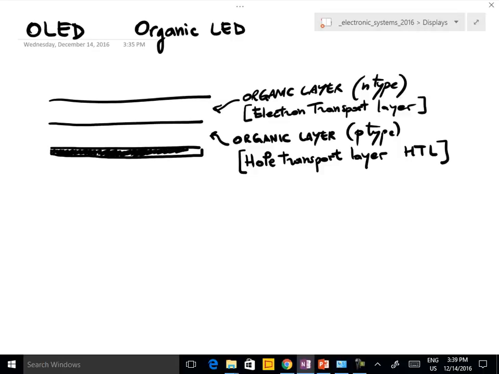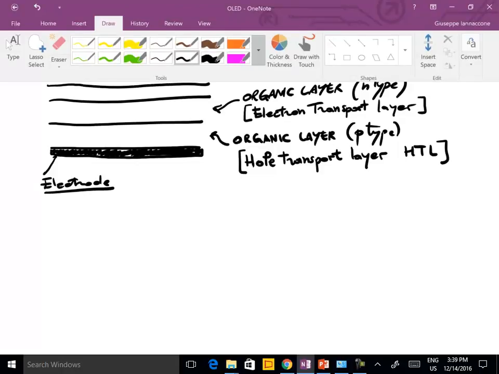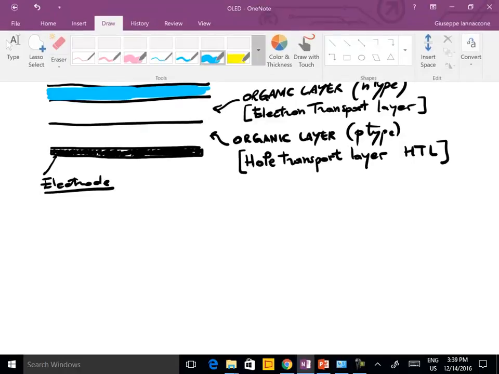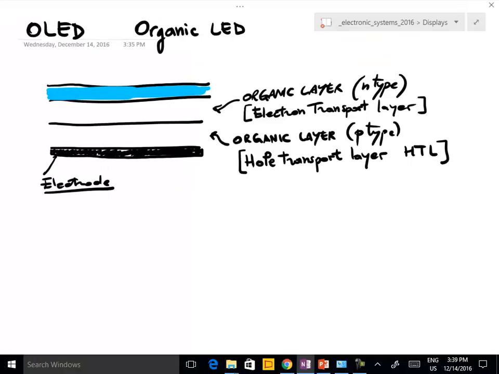It's useful to have a transparent electrode because we can have one electrode here made of a metal, and then we can have a transparent electrode here. And then on top of the transparent electrode we can have a glass or a transparent plastic.